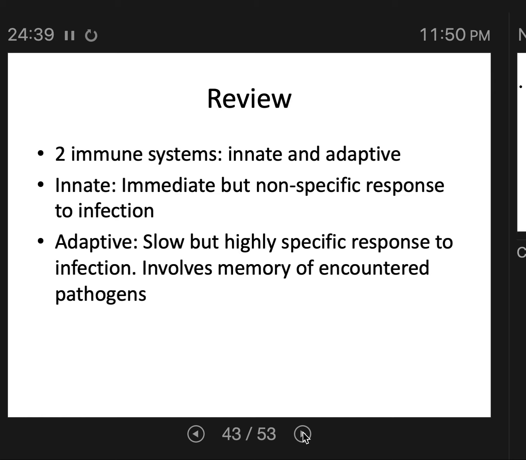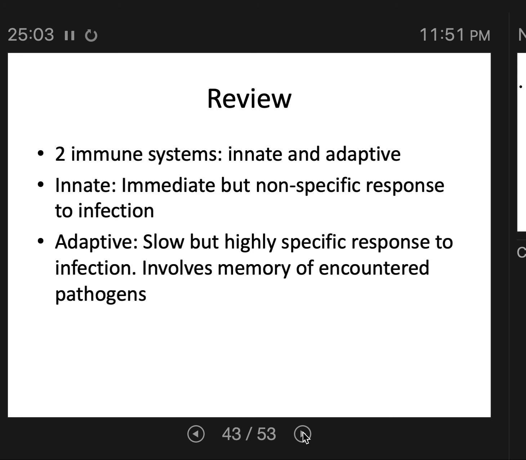The adaptive immune system is very, very slow to gear up, but it's a highly specific response to infection, and it involves memory of previously encountered pathogens. When the adaptive immune system comes into play, it generates this chemical memory that allows the immune system to recognize a pathogen the next time it encounters it.